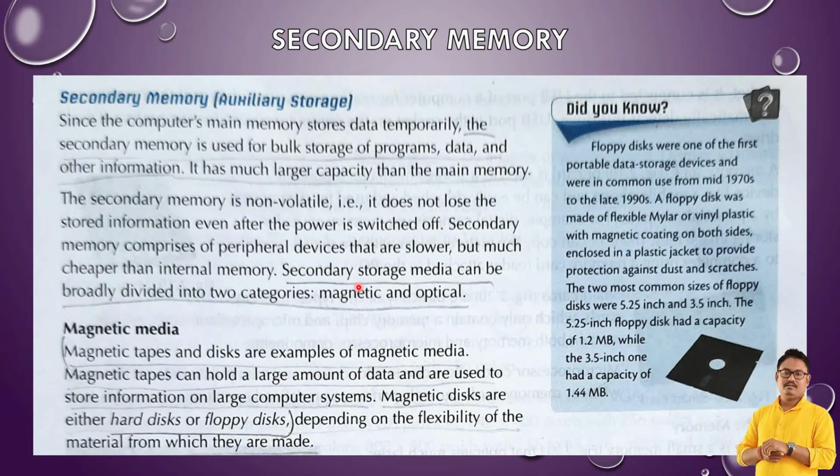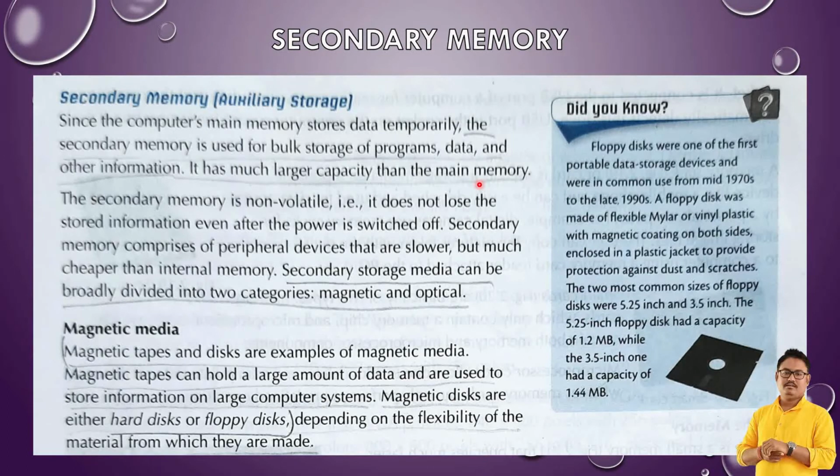Since the computer's main memory stores data temporarily, the secondary memory is used for bulk storage of program data and other information. It has much larger capacity than the main memory. So what is the main memory for? It collects the instructions, the input and all, and sends them randomly to the computer.